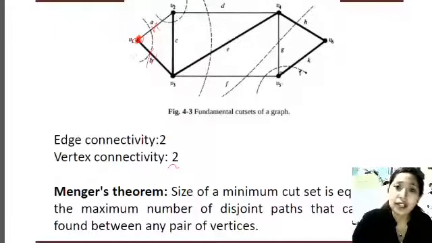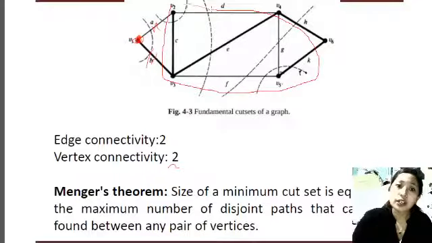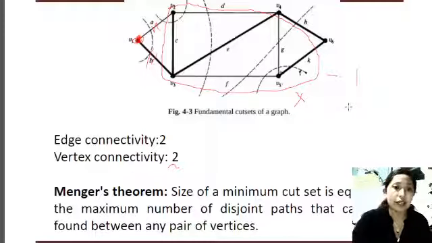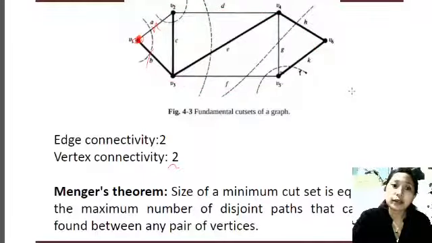While removing a vertex, its incident edges are also removed, and you will be left with this portion of the graph, which is not a disconnected graph, remember. It is only a subgraph of the given graph, but it is still connected. It does not have more than one component. It still has only one component. So removing one vertex from this graph will not make it disconnected.